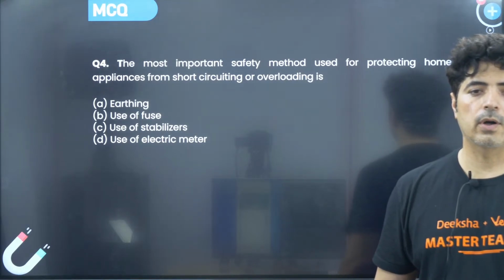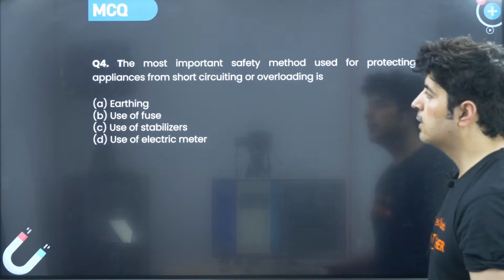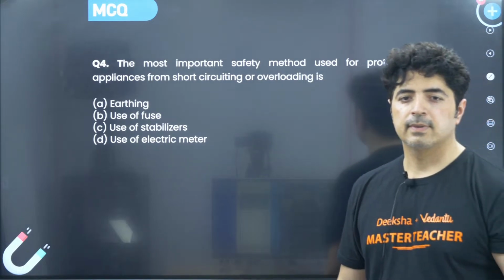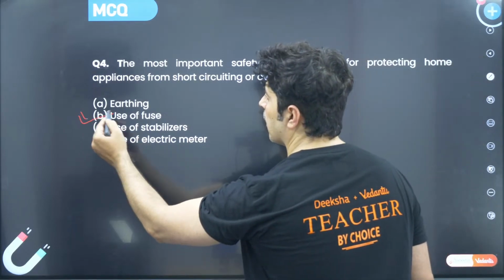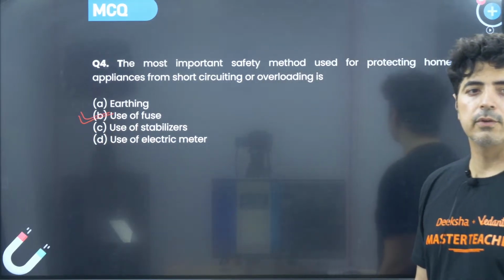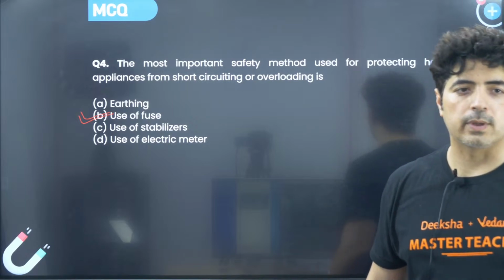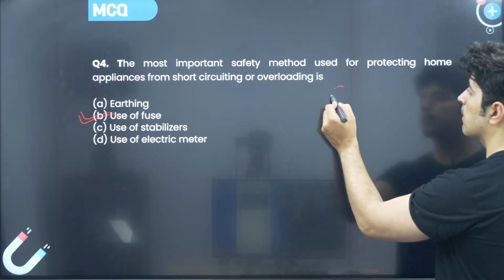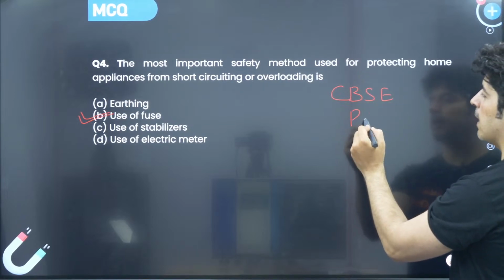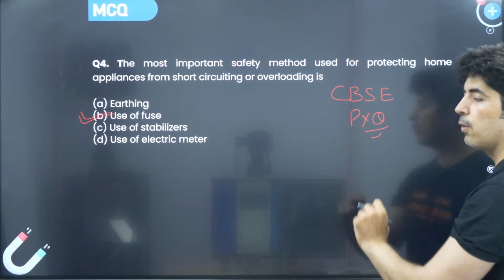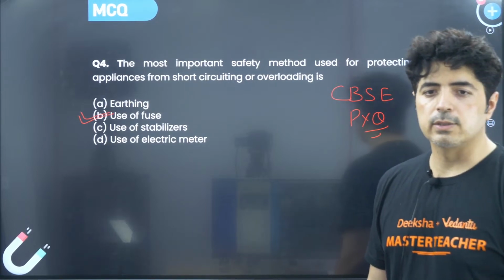I can see in the comment box everybody is writing use of fuse, which is absolutely correct. This is a CBSE problem, guys. This is a CBSE PYQ. Past year question, board question. Okay. Now let's do the next one.